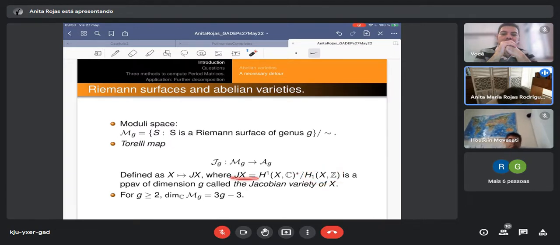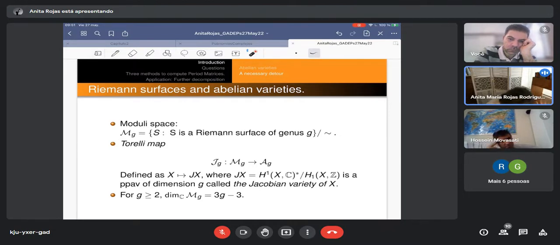And that gives you a complex torus, and moreover, you have an intersection product there that can be extended and gives you the polarization, which is principal. Okay, so that gives us a principally polarized abelian variety associated to each Riemann surface. We have the Torelli theorem, so that map is injective, and that is part of the story.